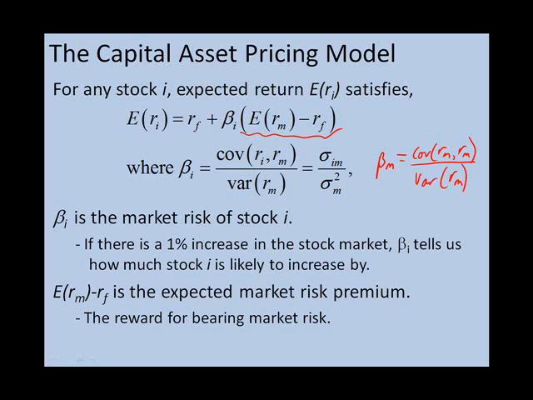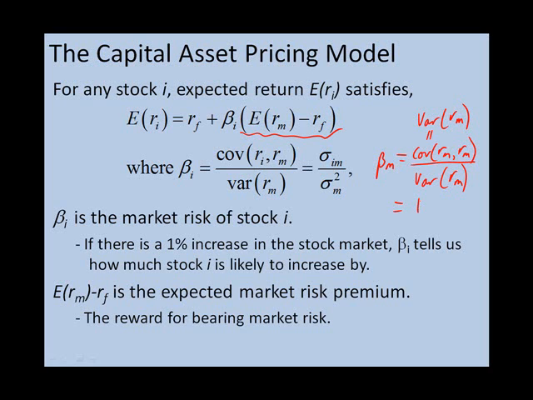Well, we know that the covariance between the market and the market is equal to the variance of the market. So the beta of the market must be equal to 1. You can reason through this without looking at the formula. If the market increases by 1%, how much would you expect the market to go up by? It has to be 1% by definition. So the market beta is always going to be equal to 1.